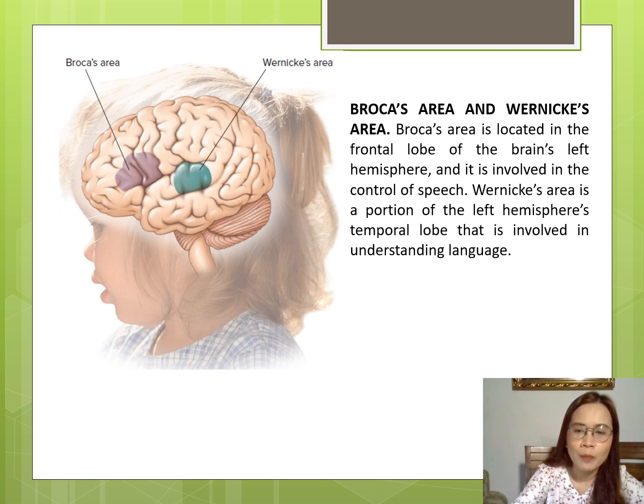Kumbaga tandem sila ni Broca, yun yung production ng speech, pero si Wernicke, siya naman yung comprehension. So, bago mo sabihin, kailangan maintindihan mo muna. Or kung bago ka magsalita, kailangan naintindihan mo muna yung sinabi sa'yo. Tandem sila. So that is in connection with the nativist view, that we have certain brain structures na may kinalaman sa language.